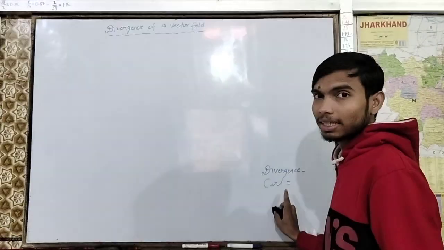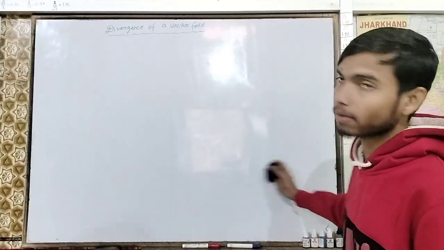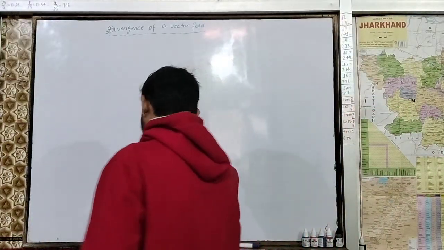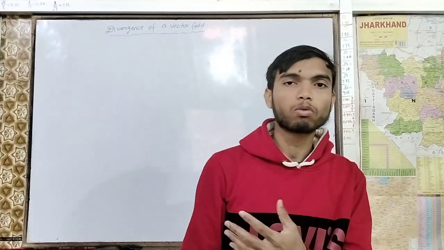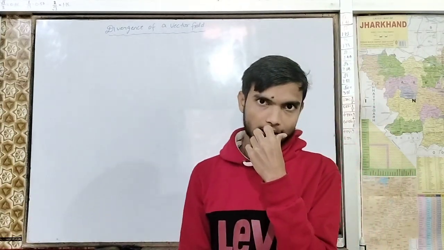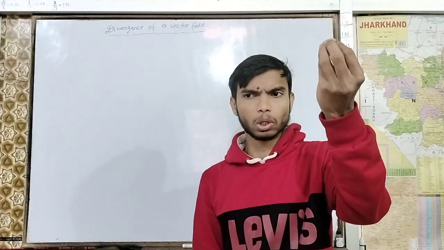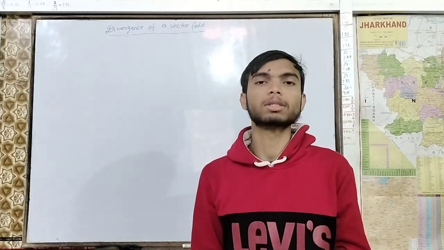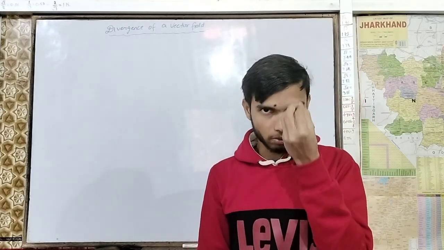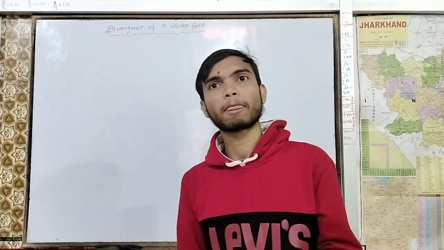I explained it over here so that you don't get confused when I am talking about the divergence of a vector field. What is a vector field? A vector field is a field where there are a lot of vectors present. It would be diverging, or it would be converging, or it may be rotating.